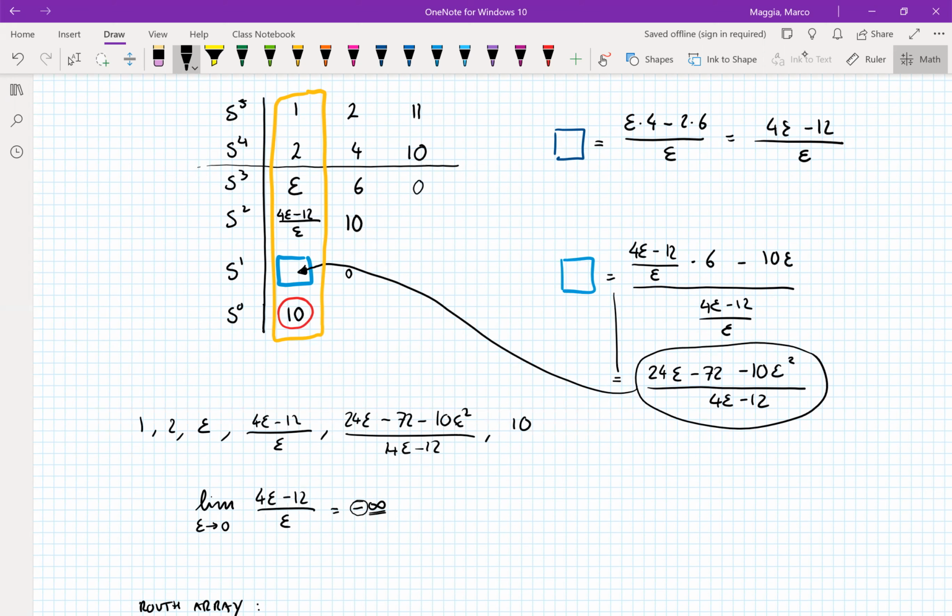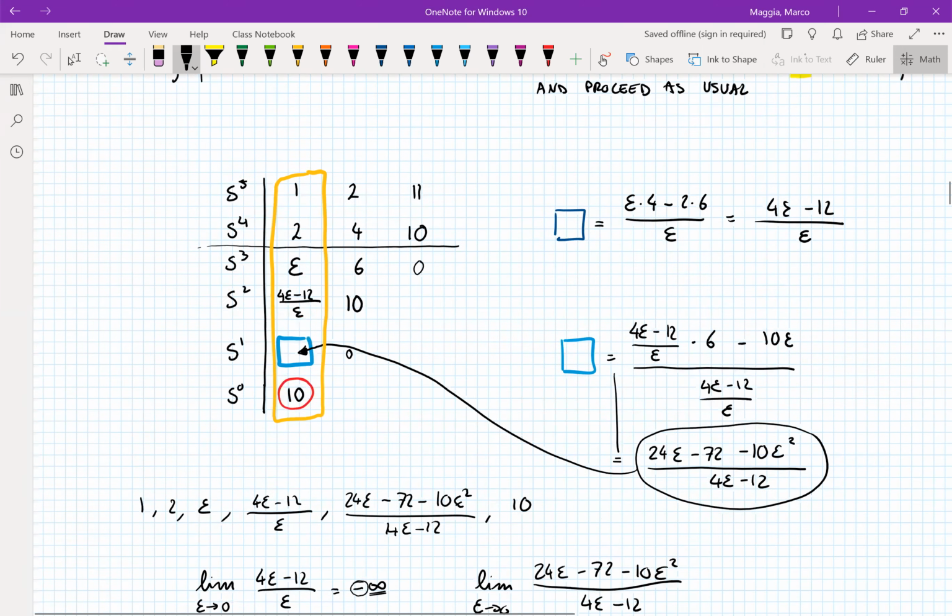But let's take a look at how many poles we have on the right-hand side of the complex plane. So let's also take the limit for epsilon that goes to 0 of the other coefficient, that is 24 epsilon minus 72 minus 10 epsilon squared divided by 4 epsilon minus 12.